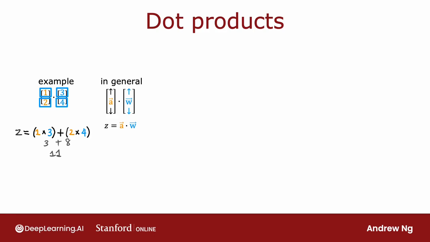It turns out there's another equivalent way of writing a dot product, which is given a vector a, that is 1, 2 written as a column, you can turn this into a row. That is, you can turn it from what's called a column vector to a row vector by taking the transpose of A. So the transpose of a vector A means you take this vector and lay its elements on the side like this.